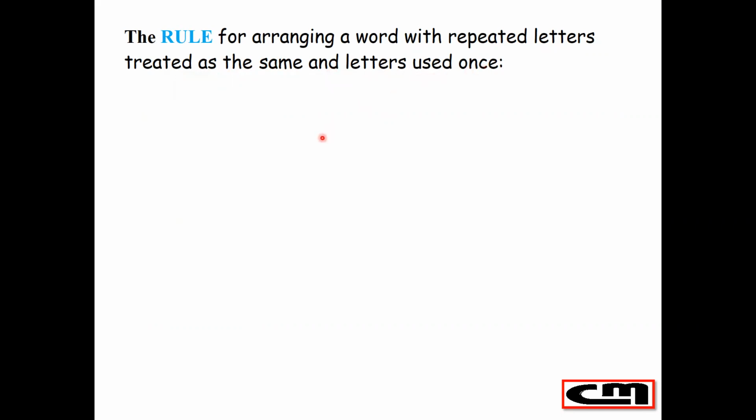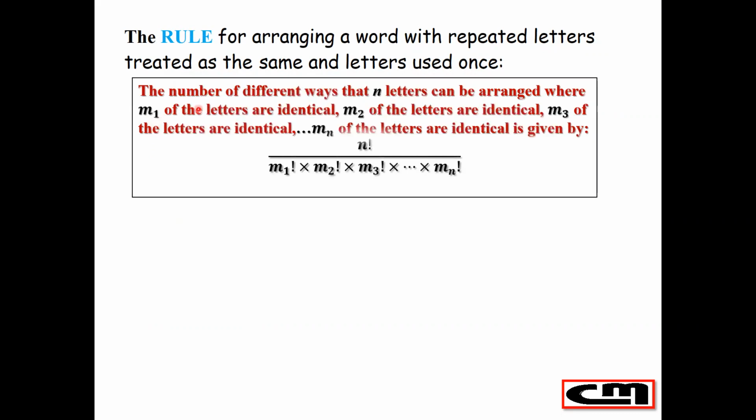The rule simply states that the number of different ways that n letters can be arranged, where m1 of the letters are identical, m2 of the letters are identical, m3 of the letters are identical, and so on up to mn of the letters are identical, is given by n factorial over m1 factorial times m2 factorial and so on up to mn factorial.